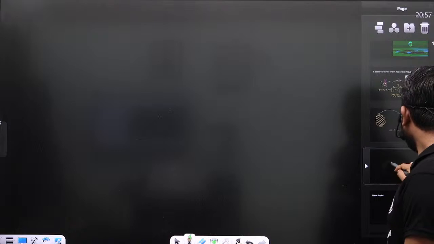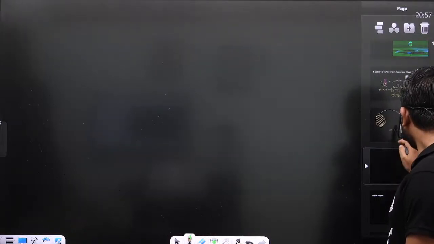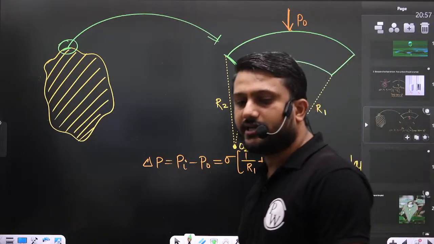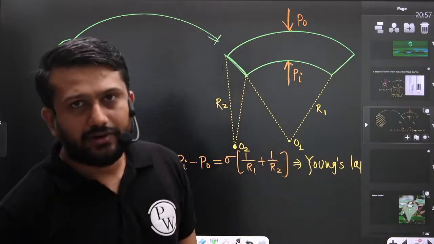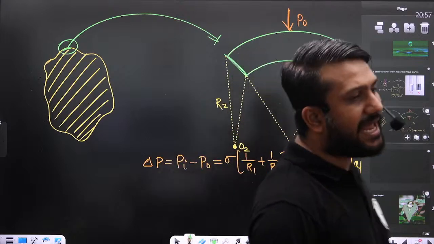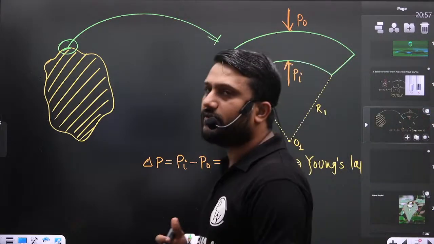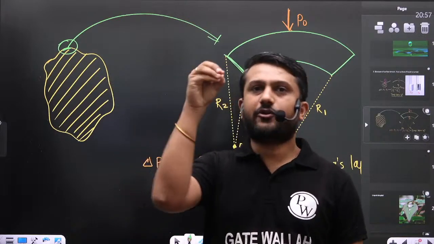Now come to the next application related to the surface tension. So beta, if you know this Young-Laplace equation, then we can easily calculate the pressure difference in case of the liquid droplet.